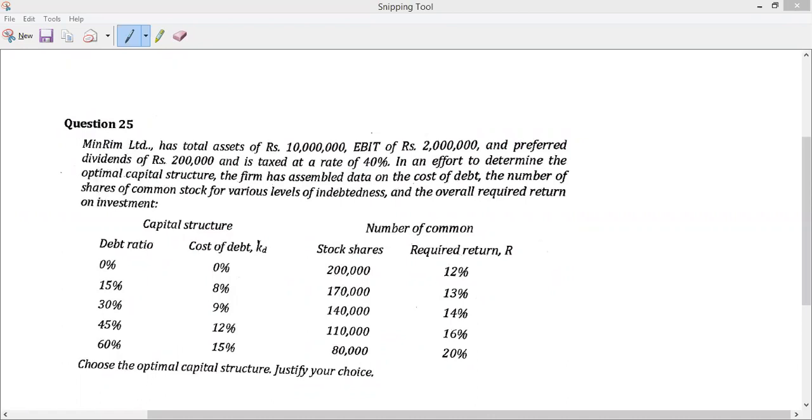Just for understanding, you can take it as a dollar also. 15, 16, 17 for A, B, C. And my EPS for A, B, C is 16, 15, 14. Yeah, 16, 15, 14.